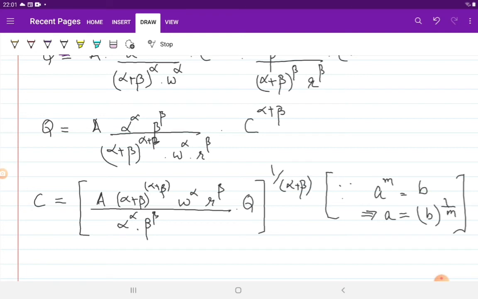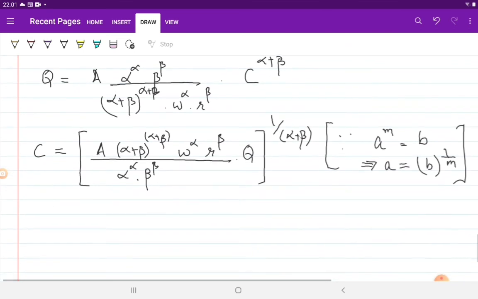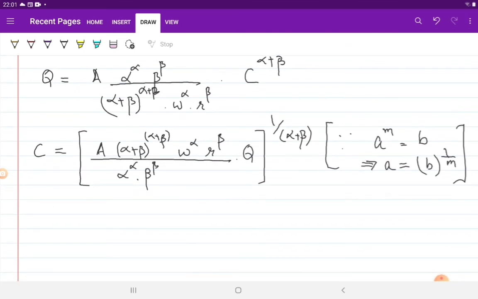So this is the cost function associated with a Cobb-Douglas production function.